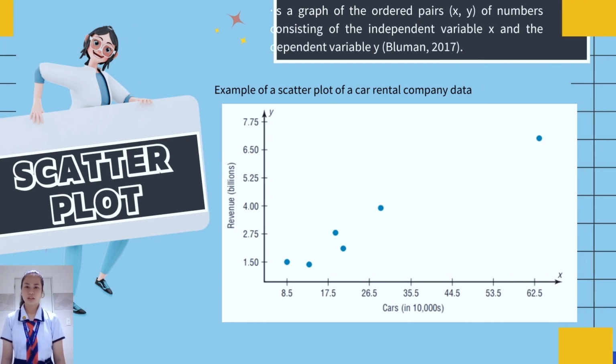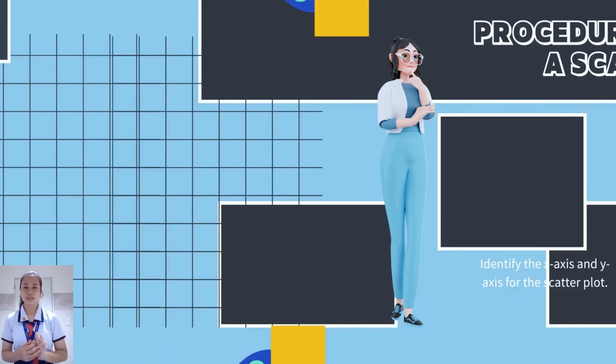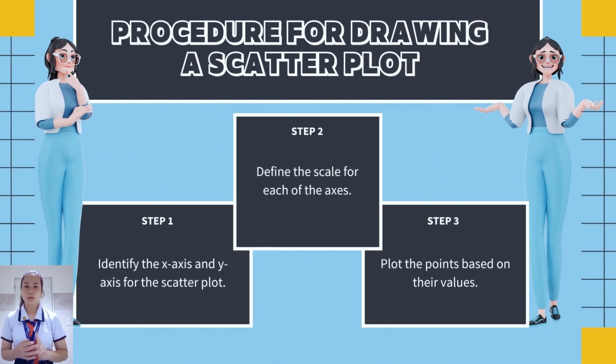In constructing a scatter plot, there are just three simple steps to be followed. Step 1 is to identify the x-axis and y-axis for the scatter plot. Step 2 is to define the scale for each of the axes. Step 3, plot the points based on their values.